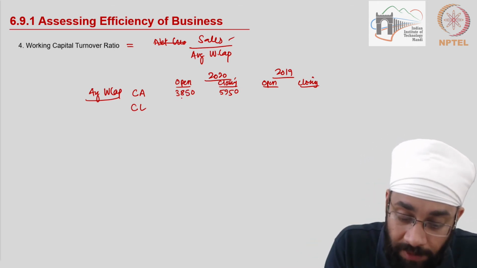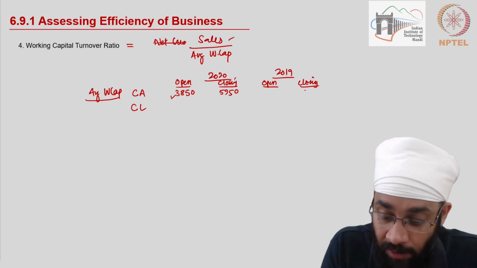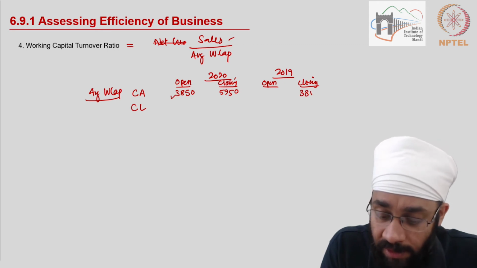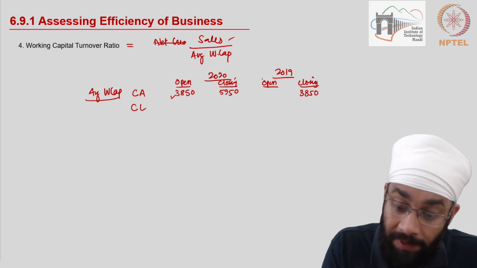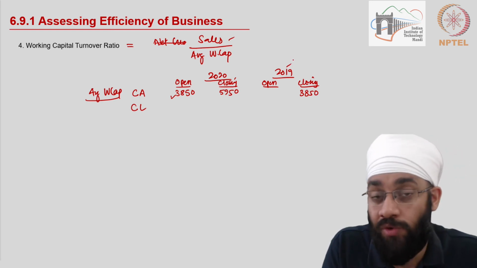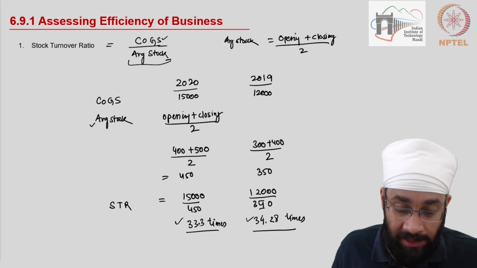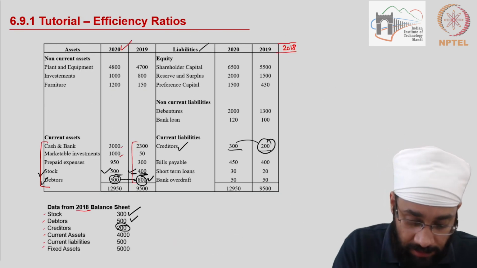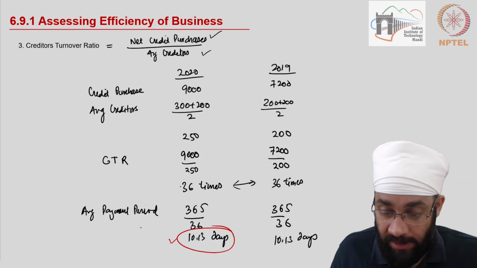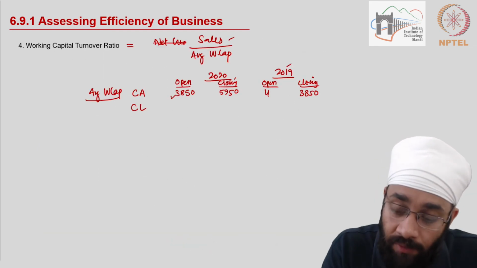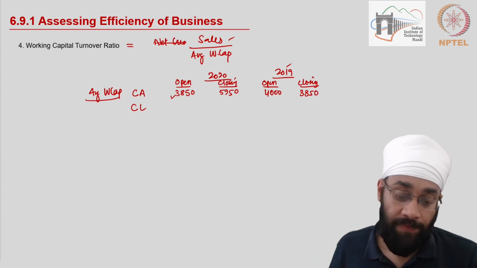Now the opening balance in this year is the closing balance of the previous year, 3850, and the opening balance in 2019 is the closing balance of 2018. We have that number here. 4000 was the balance in 2018, so I'm going to write 4000 here.